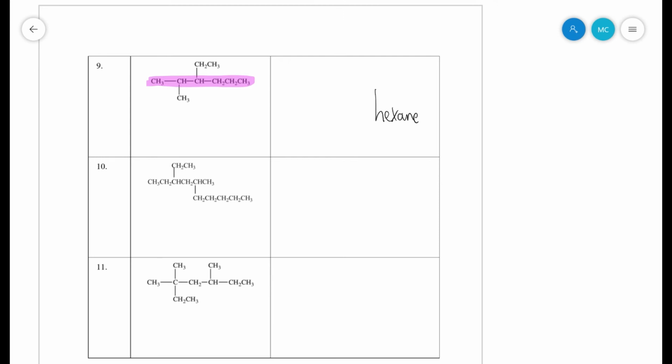We would number it from left to right. So on number 2 and number 3, there are substituents. Because number 3 is an ethyl group, you would write the ethyl group out first because of the alphabetical order, right? Number 2, there's a methyl. So 3-ethyl-2-methylhexane.